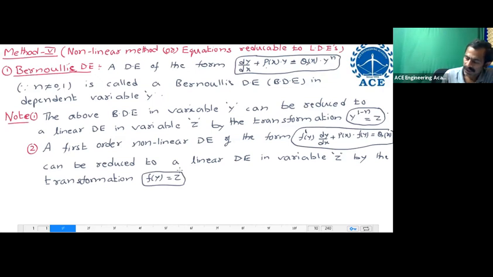So this is another type of non-linear differential equation which is reducible to linear.